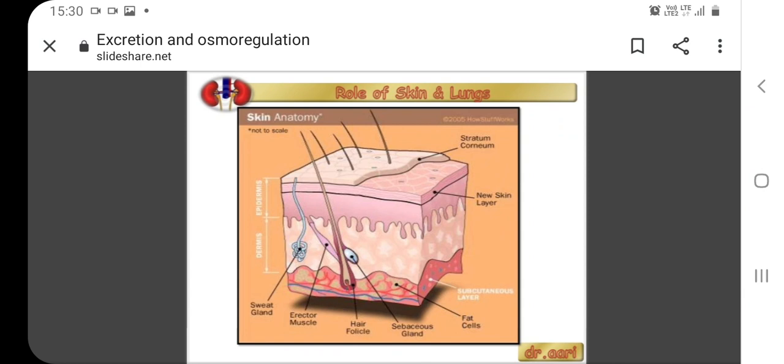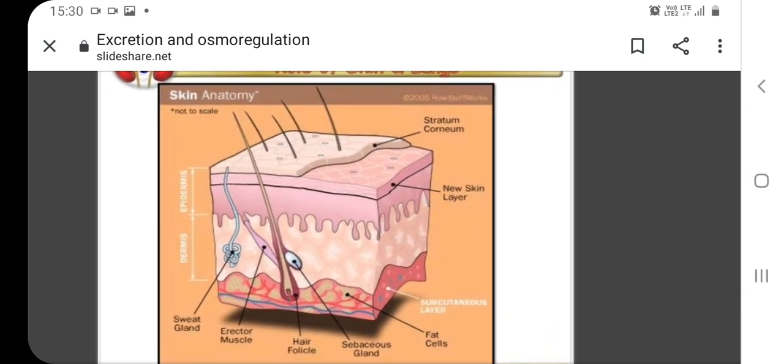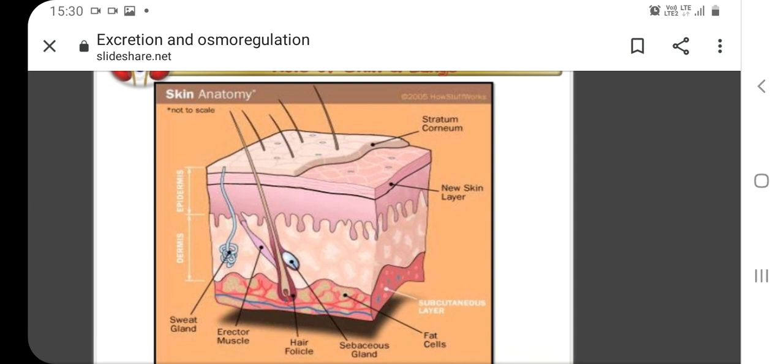This is the structure of the skin, the anatomy of the skin, showing the two-layer dermis and epidermis, where the sweat gland, sebaceous gland, etc. are situated.